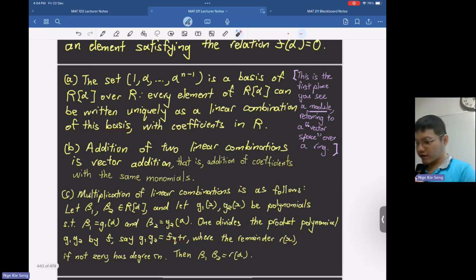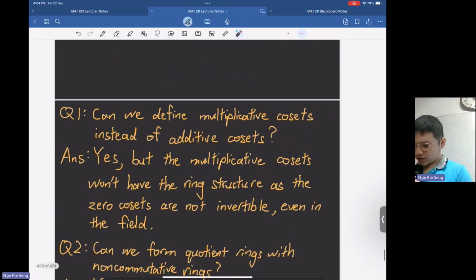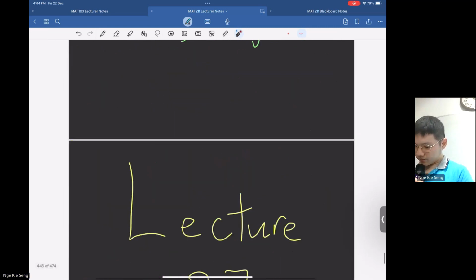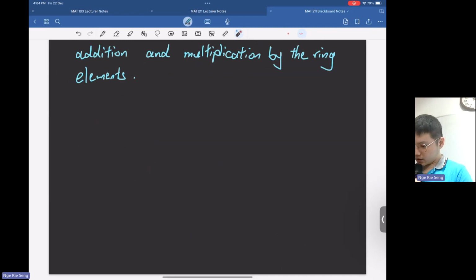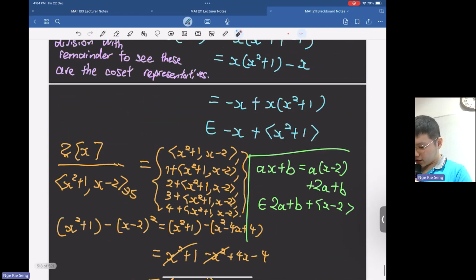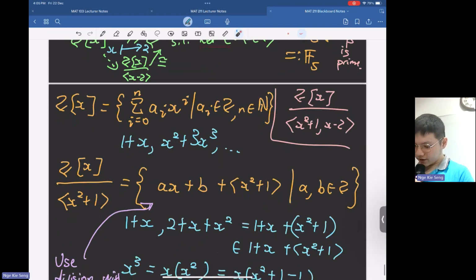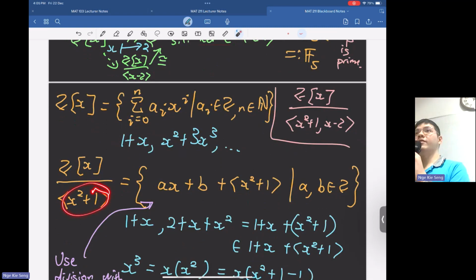Like the example we just had, x squared plus 1, a monic polynomial of degree 2. What is left over is just degree less than 2, so n minus 1, or 2 minus 1. So we have x to the 1, and then 1, which is x to the 0. And then we stop there.